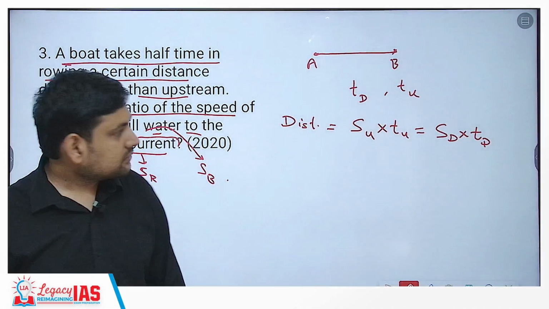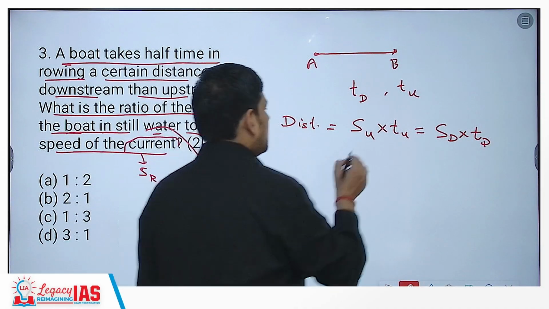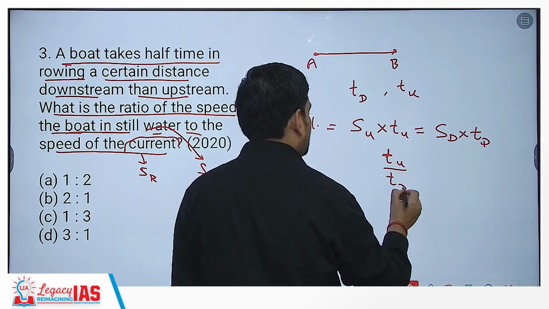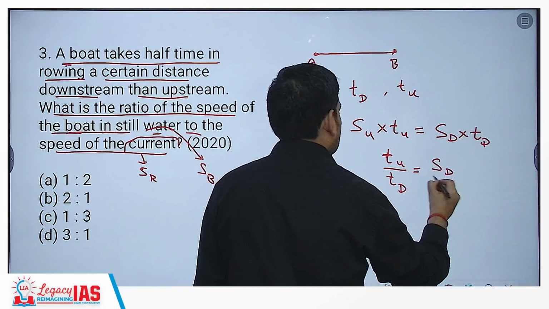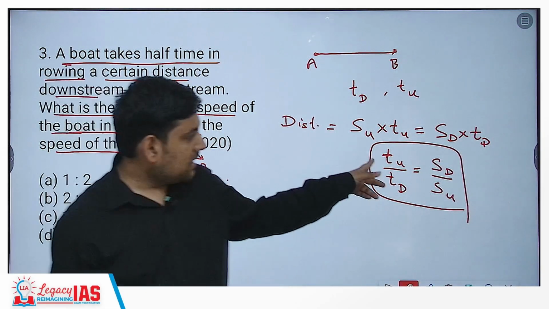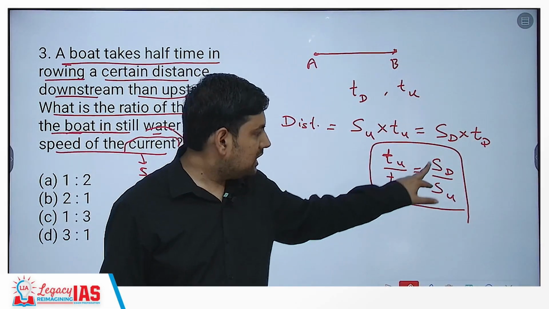Okay. Now if both of these are equal, now you see I can write that speed while going upstream divided by speed while going downstream is equals to this. So the ratio of time will be opposite of the ratio of speeds. So ratio of speeds will be opposite that of time.